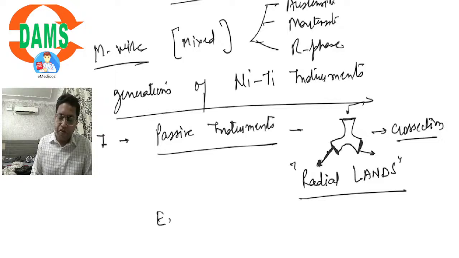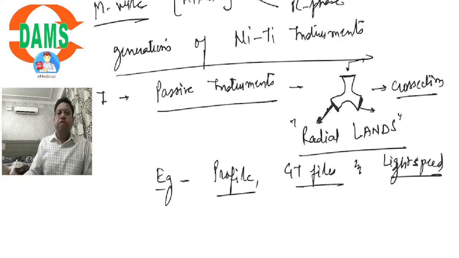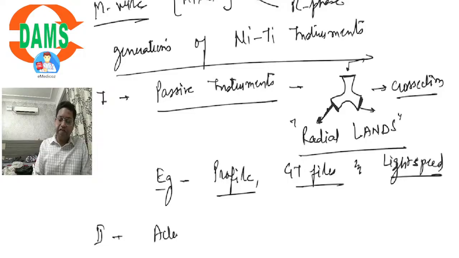Examples are ProFile, GT files, and LightSpeed. You can remember these three examples of rotary nickel titanium instruments that are passive cutting. Then we have group 2 instruments that are active cutting.